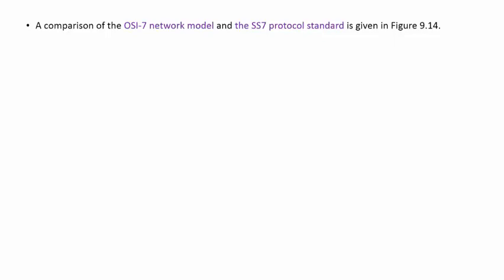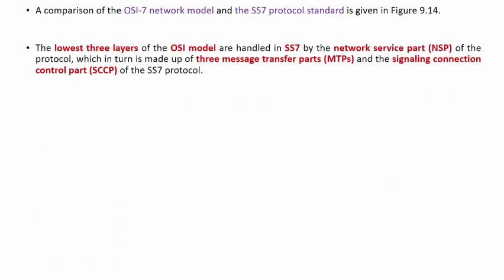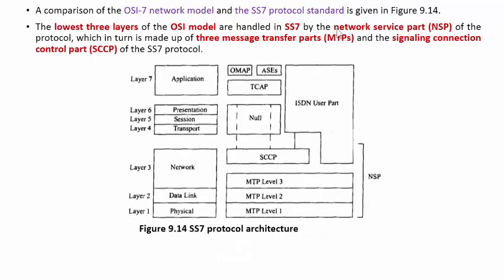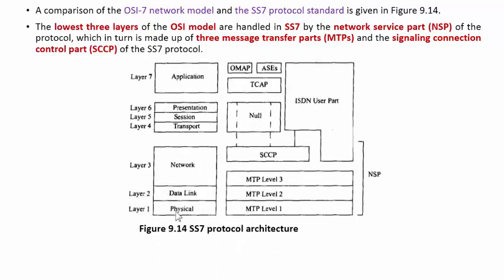Now we'll see the comparison between the 7-layered OSI reference model and the SS7 protocol standard. The lowest three layers of the OSI model, which we know very well, that is physical layer, data link layer and network layer, are handled in SS7 by the network service part, that is NSP of the protocol, which in turn is made up of three message transfer parts, that is MTPs, and the signaling connection control part, that is SCCP of the SS7 protocol.